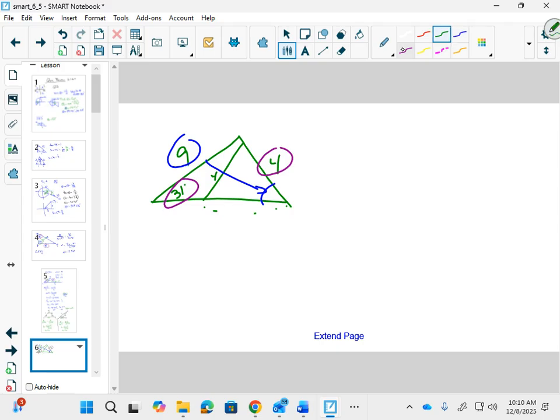So if I want to find that angle, let's go with triangle, we'll make it a car. Okay, so we can find angle R. So sine of R over 9 has to equal sine of 31 over 4.